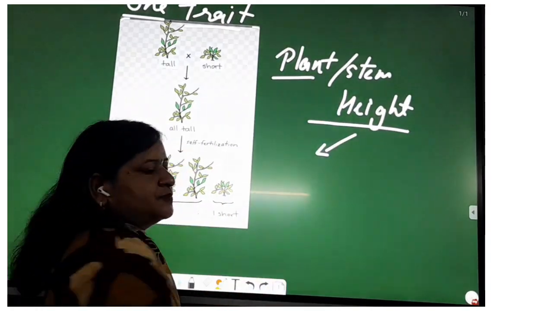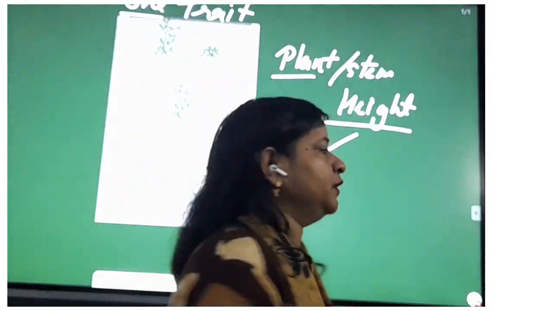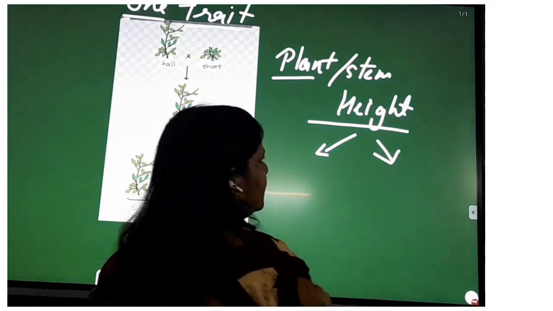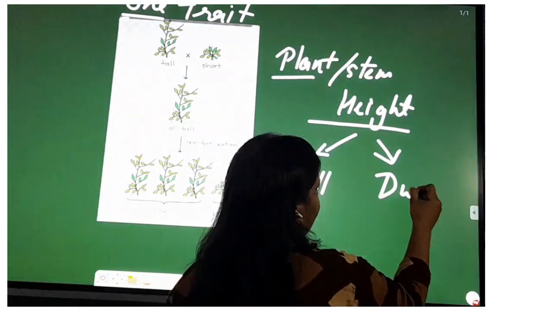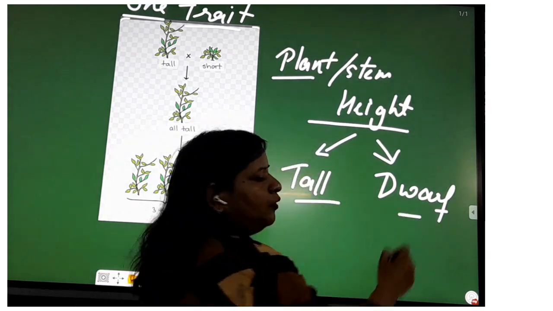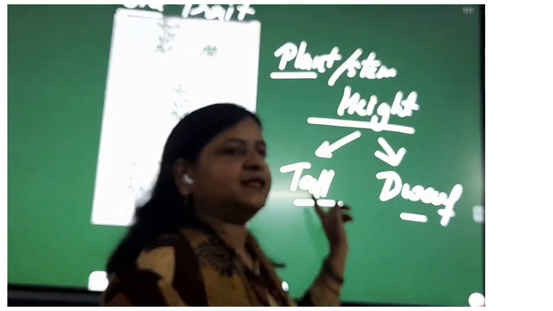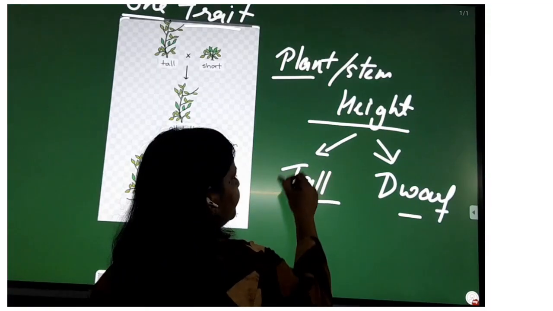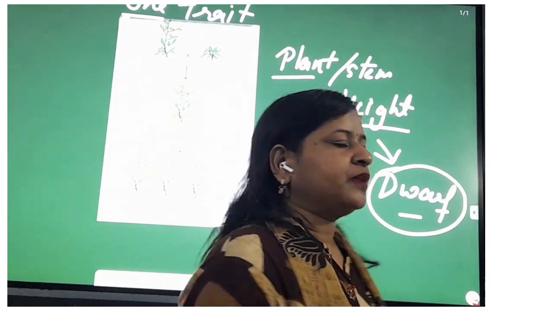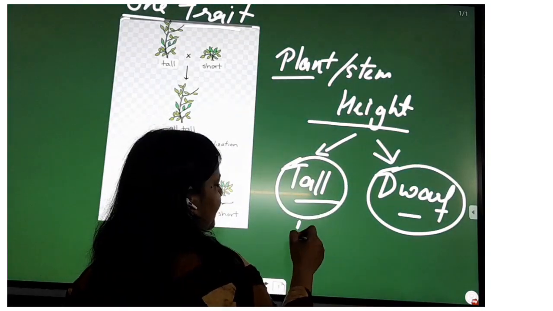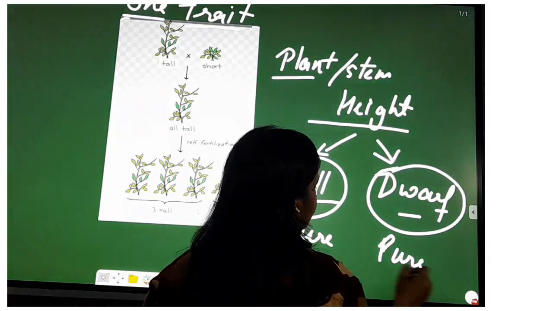Stem height, as you all know from the previous lecture, that the traits were in contrasting pairs, meaning they have only two options. Stem height में दो ही option थे, tall and dwarf. So as we know, three steps were taken by Mendel. First he obtained the pure parents. One was taken as male and another was taken as female flower. And these were the parents: pure tall and pure dwarf.